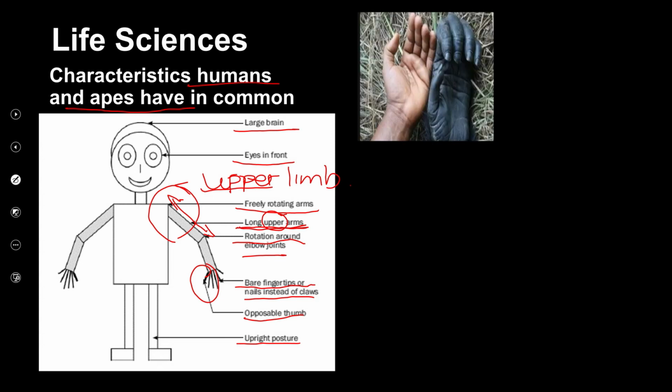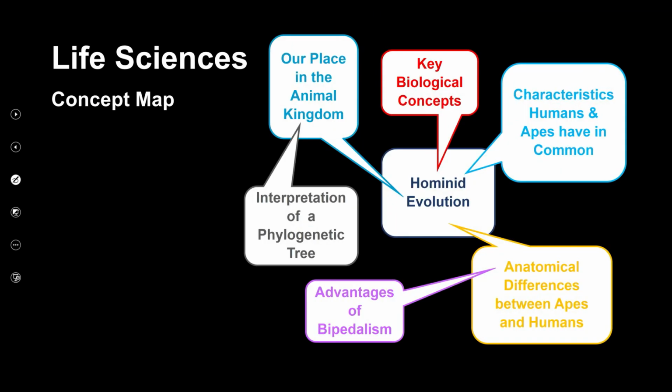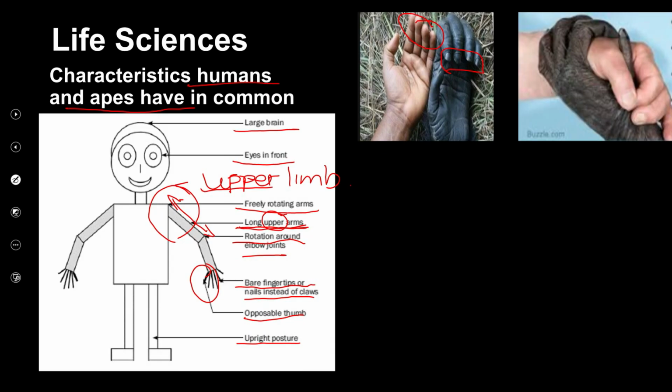All right, so let's have a look here. These two diagrams, this one shows nicely where we can see the hands are not padded, so they're bare fingertips, and we have nails instead of claws. Then if we have a look at this diagram here, we can see our opposable thumb.